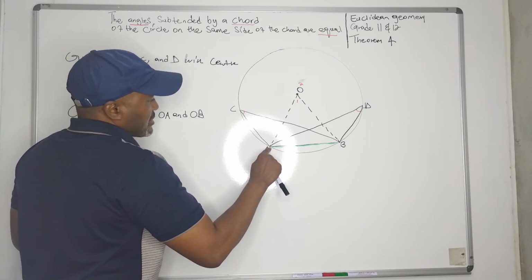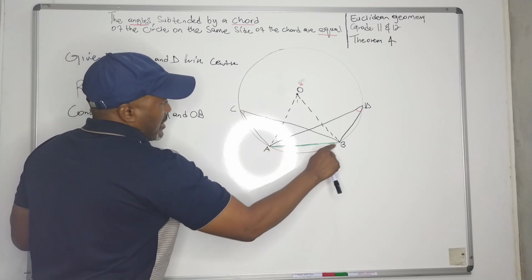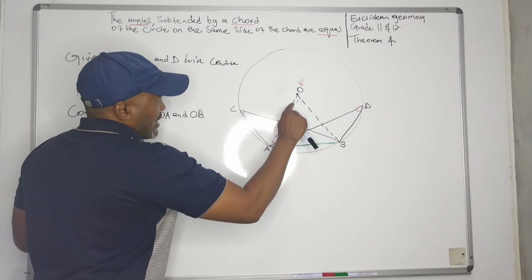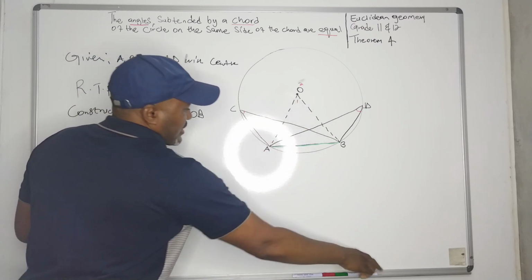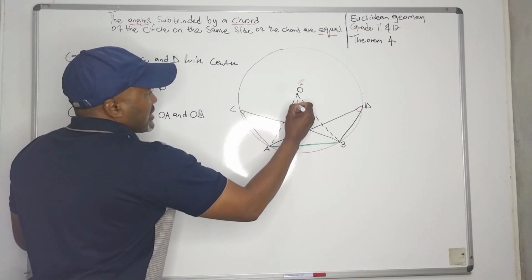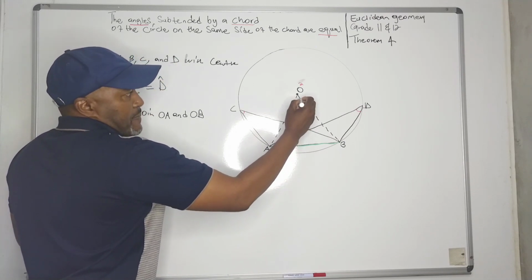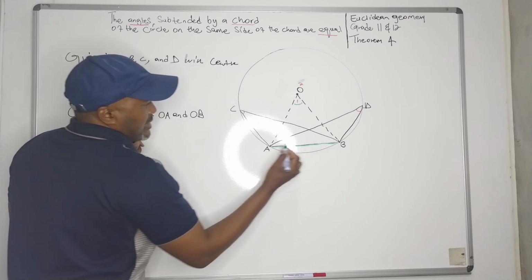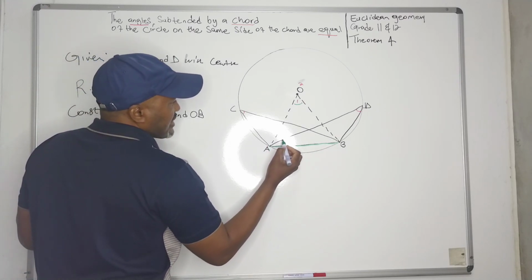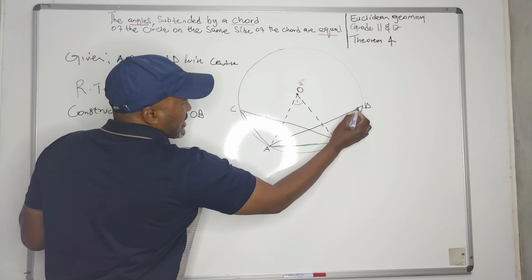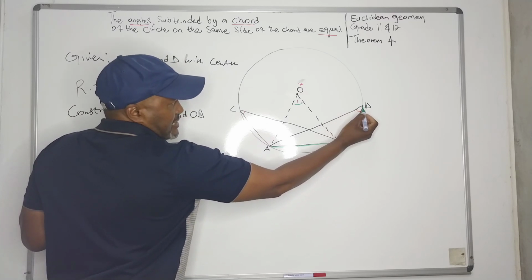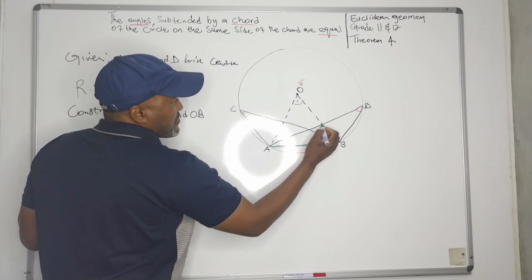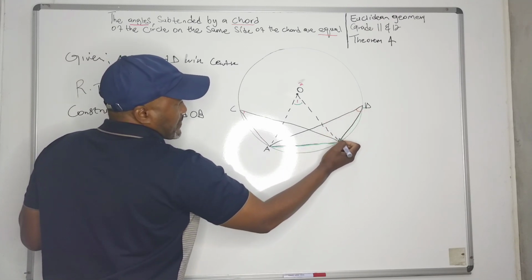Let's check. This chord is subtending this angle at the center, right? And then the very same chord again is subtending that angle at the circumference, right? Can you see? It's from the very same chord.